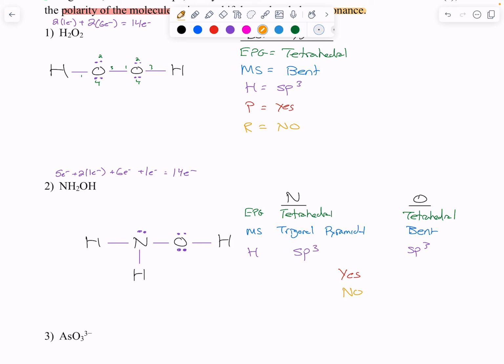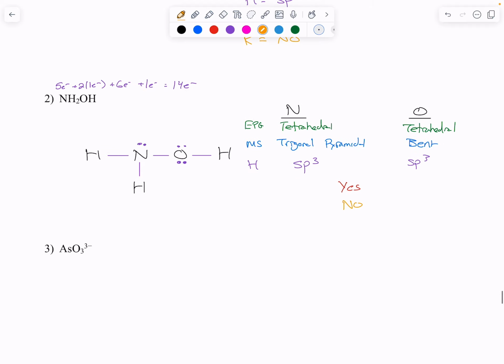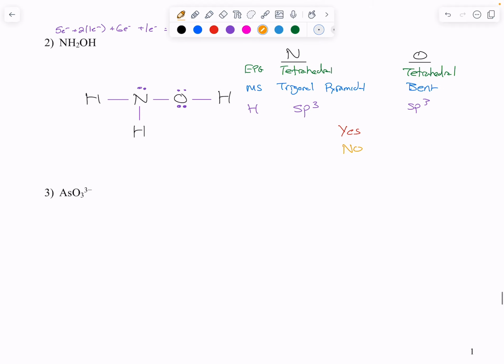All right, AsO3 3 minus. We don't have to know that polyatomic ion, but we're going to draw it. So now, electrons. Arsenic has 5 electrons, plus 3 times 6 electrons, plus 3 electrons. So that's 26 electrons. I got arsenic in the middle because it's written first.